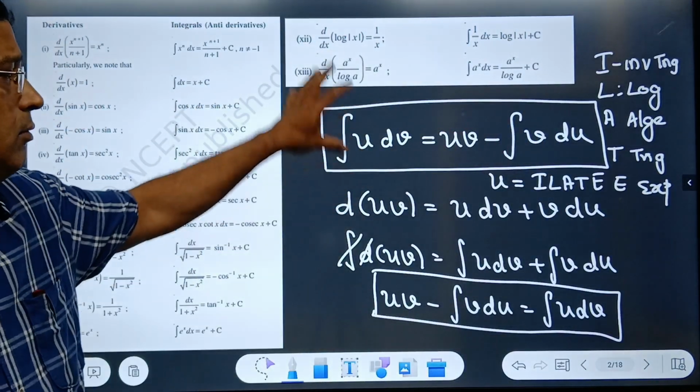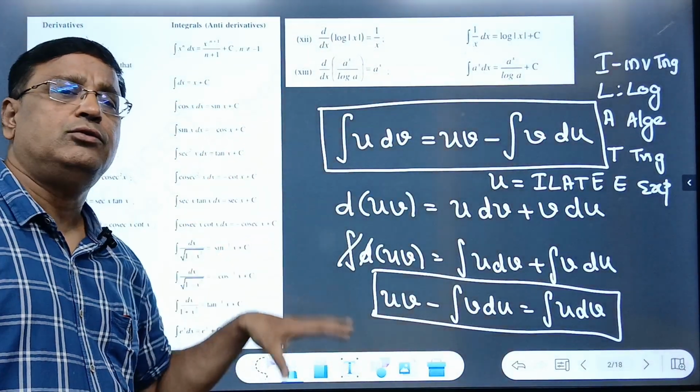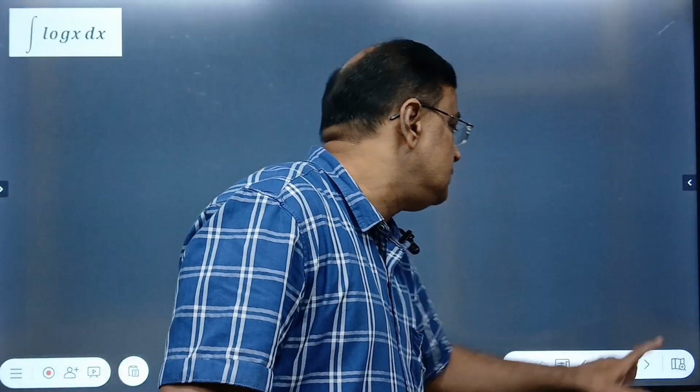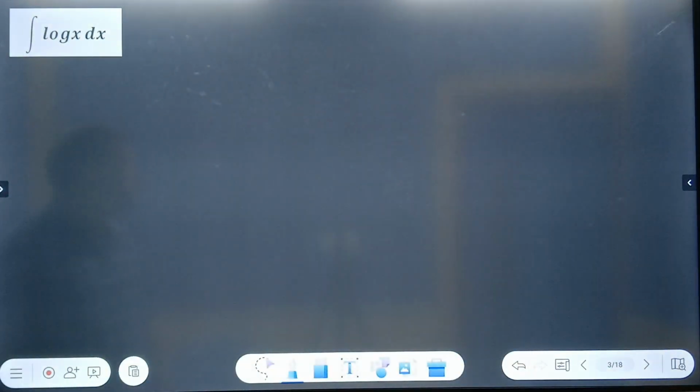Now how are we going to incorporate this into a problem? When we do the problem, we'll understand. It's very simple actually.